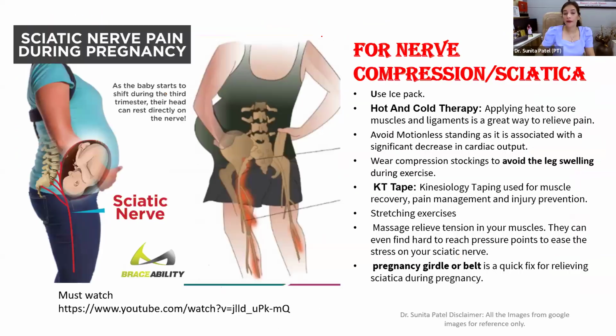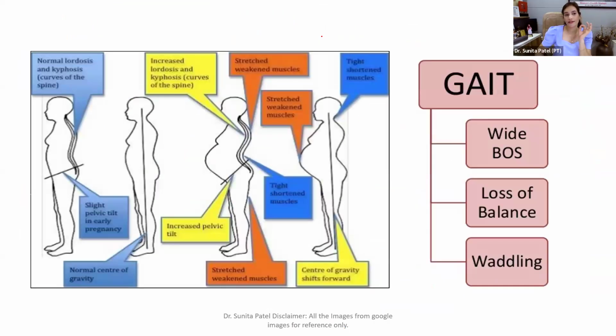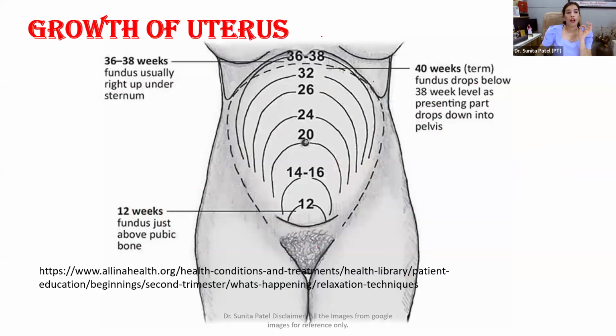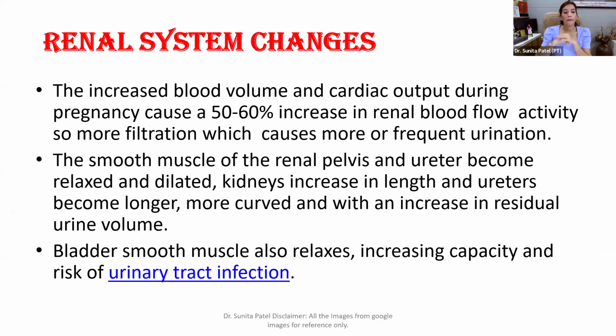Okay, so this is also a very important systemic change which is going to happen. Bladder smooth muscles will relax, which will increase the capacity of holding urine. When this much relaxed structure is there, the bladder is also relaxed. Then we have another thing of the bladder, the passage through which the urine is coming outside.